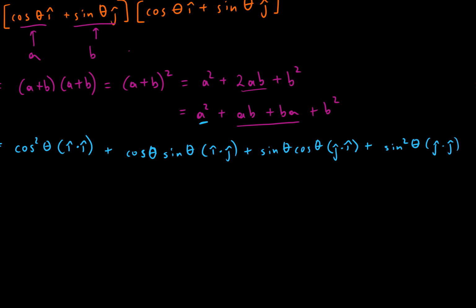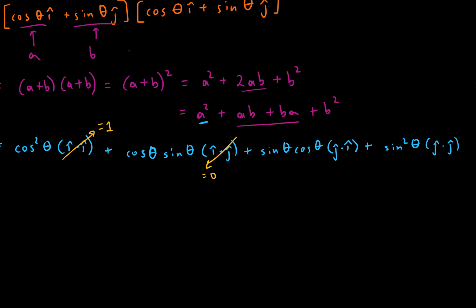Now remember how the dot product works. Only components that are alike dotted upon themselves will equal 1. So i dot i is equal to 1. i dot j is equal to 0. i dot i is 1 because i is being dotted with i, meaning i is being dotted with itself. i dot j are two unit vectors that are not the same.